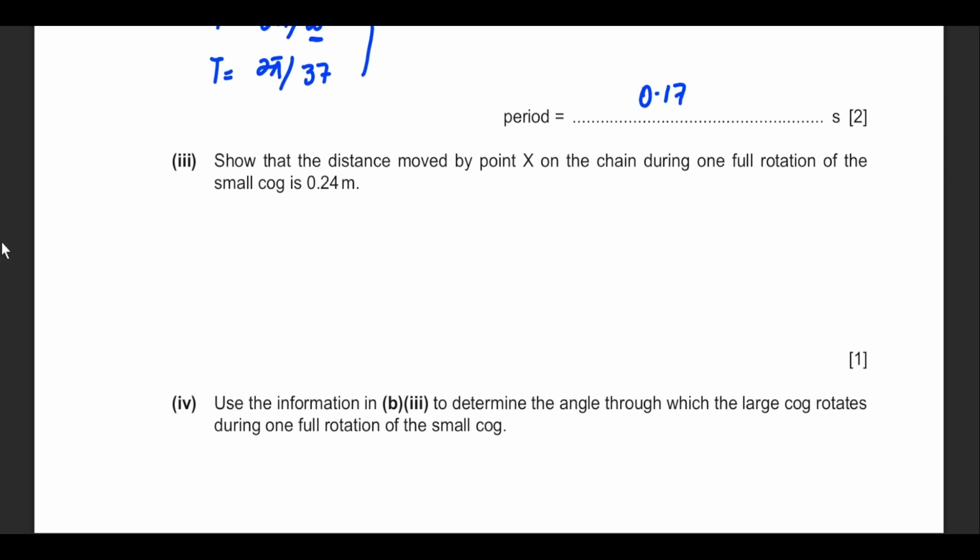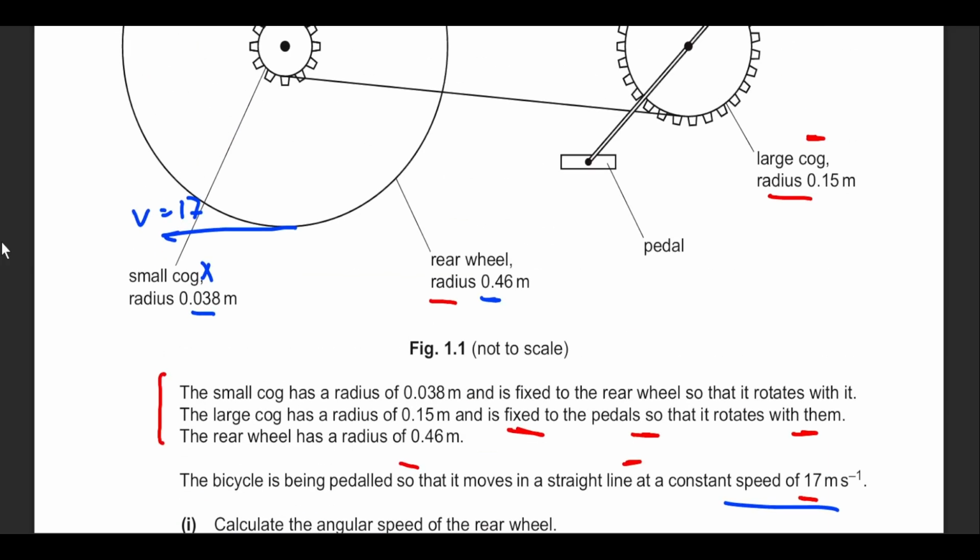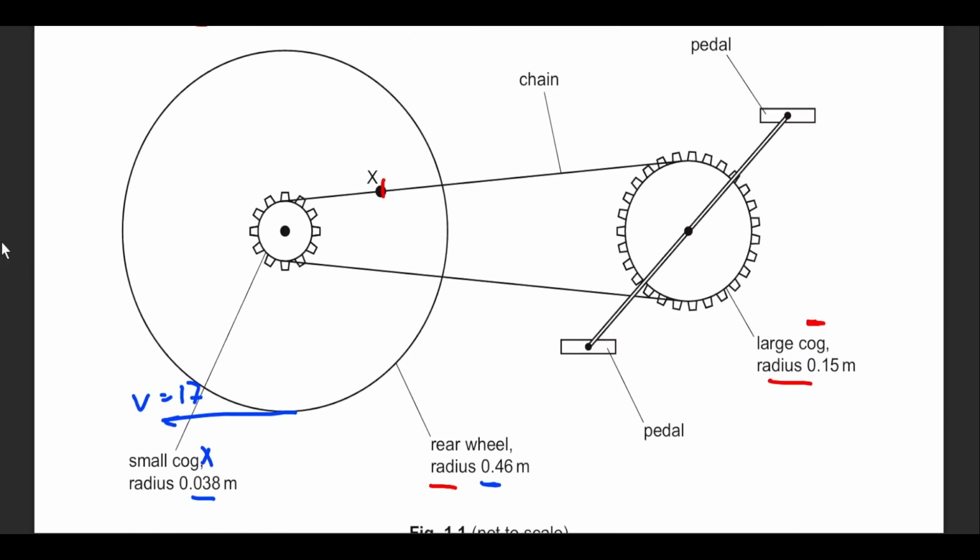Show that the distance moved by point X on the chain after one full rotation of the small cog is 0.24. So for example, there could be a point X here, and after the small cog has made a full rotation, for example like this, where will this point have moved to a new location?